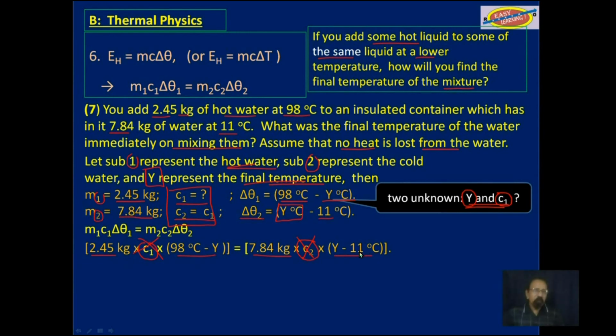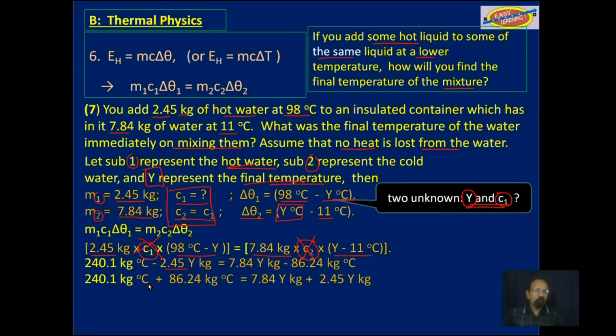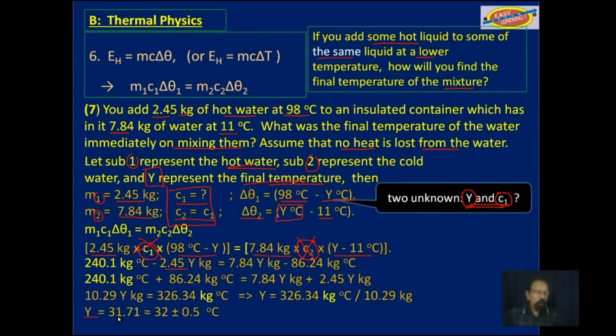Now we have a simple equation here. We work that out. We get 240.1 kilogram degrees minus 2.45 y kilograms, and so on. We solve that, and we eventually come up with y equal to 31.71.